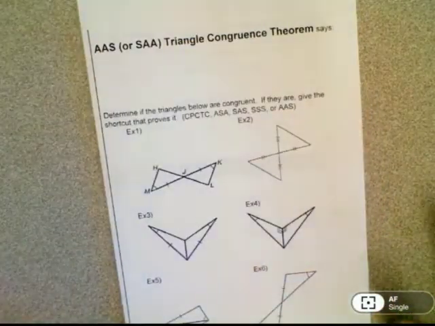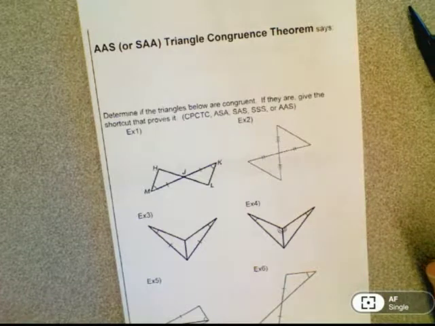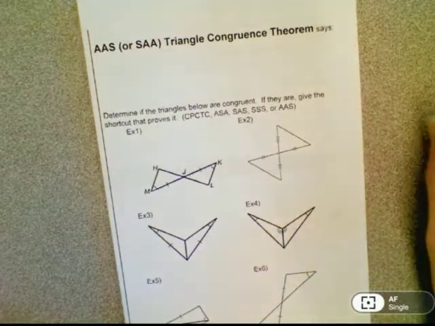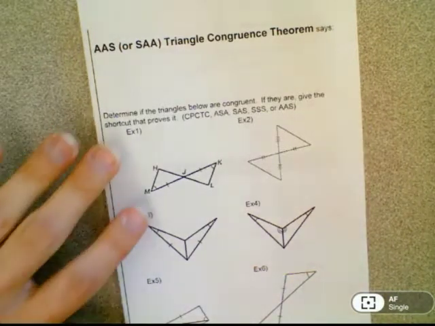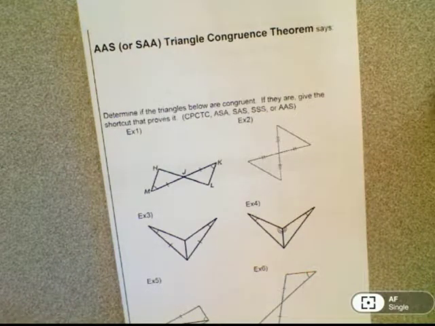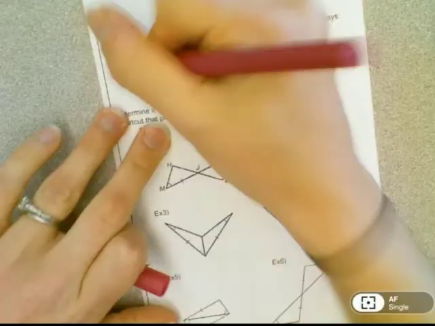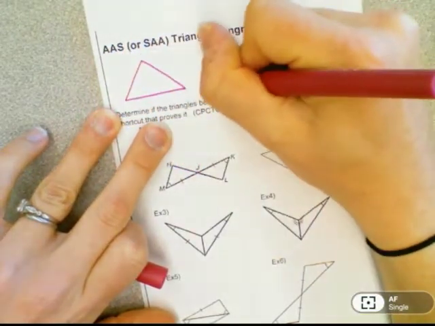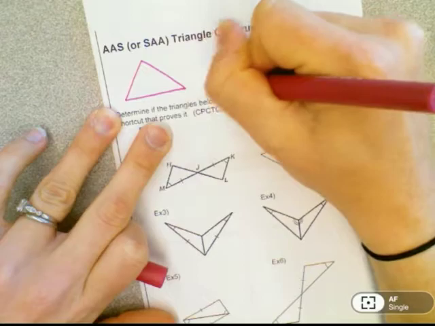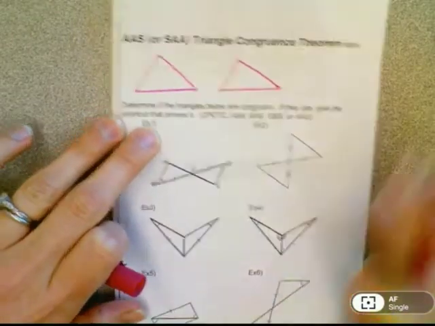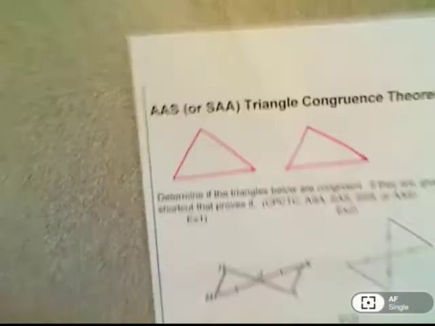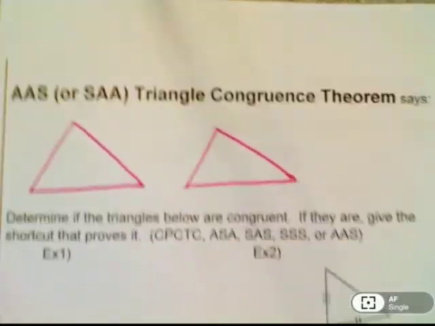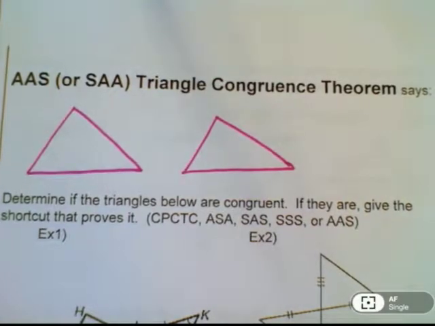So today we're learning about our last triangle congruence shortcut, which is AAS, or angle angle side. And so let's sketch two really quick triangles here. Okay, two triangles. And what the angle angle side triangle congruence theorem tells us is that we really only need two angles.